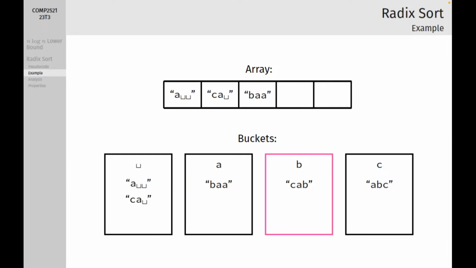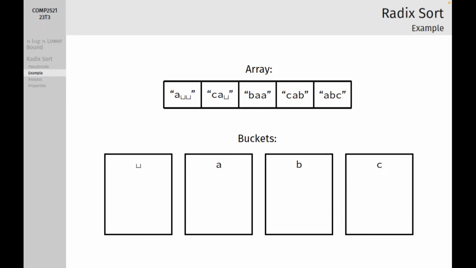Then this bucket, we store that into the array. Then we store this into the array. And now we've sorted the keys by their last character, and we've done this in basically linear time. It wasn't n log n, it's linear time because we have these buckets.